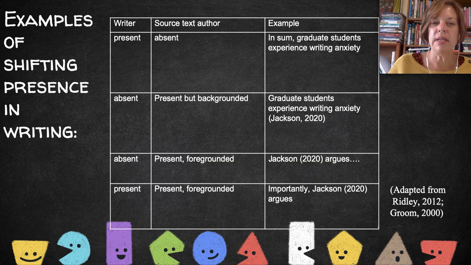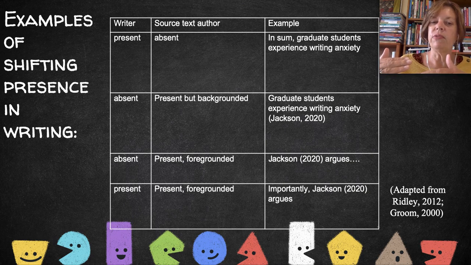You don't see that person in the sentence. So if we go on to the next one, graduate students experience writing anxiety, Jackson 2020. Now you can see that the writer is totally absent because there's no commentary on that sentence. But the source text author is present. But the presence is backgrounded. So Jackson is just mentioned at the end of the sentence.